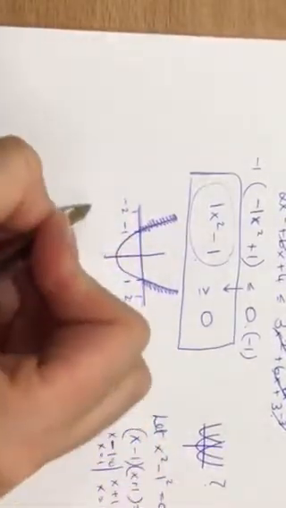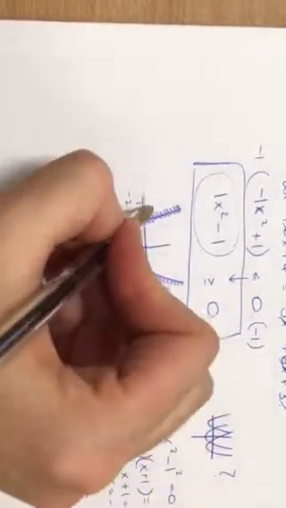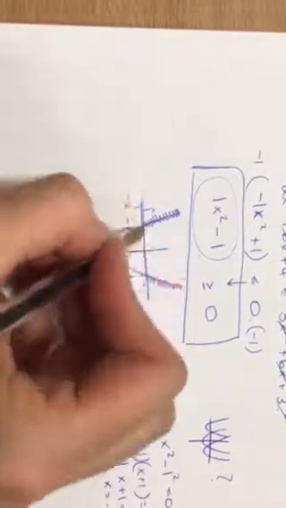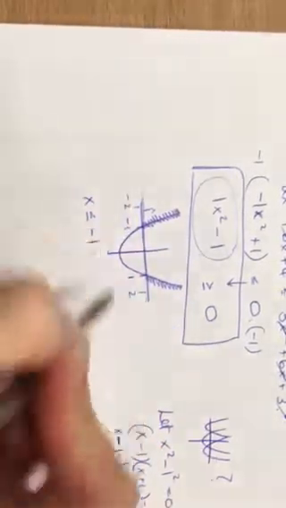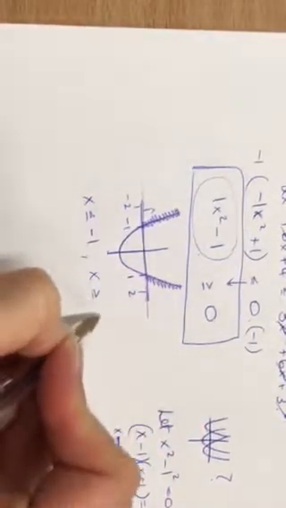If x is less than or equal to minus 1, so anything back here, you'll be looking up at the graph. So I look up when I'm anywhere back here, which is x less than or equal to minus 1. And when I'm up here, that's x greater than or equal to 1.